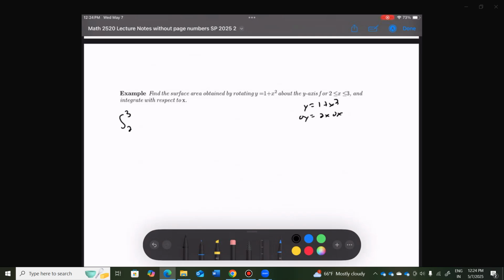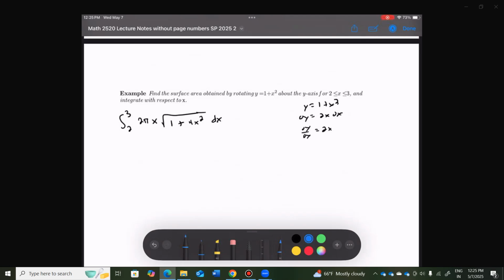It's going from 2 to 3, 2 pi x square root of 1 plus, and remember this is your dy over dx, so that's squared, so that'd be 4x squared, dx.